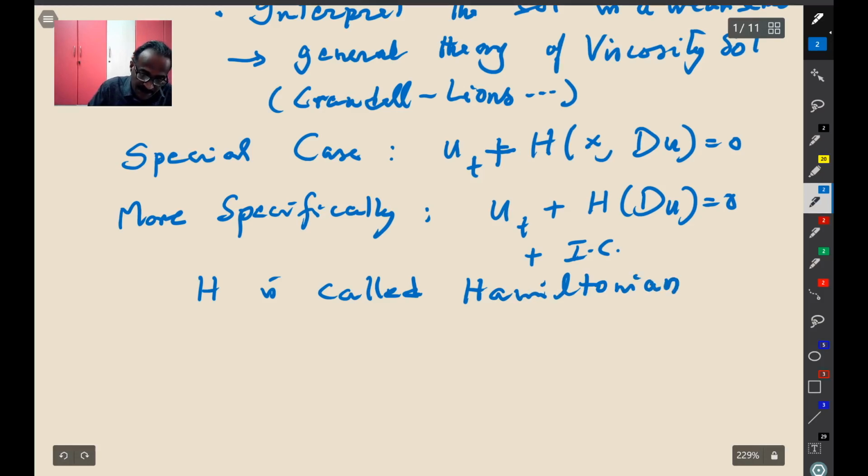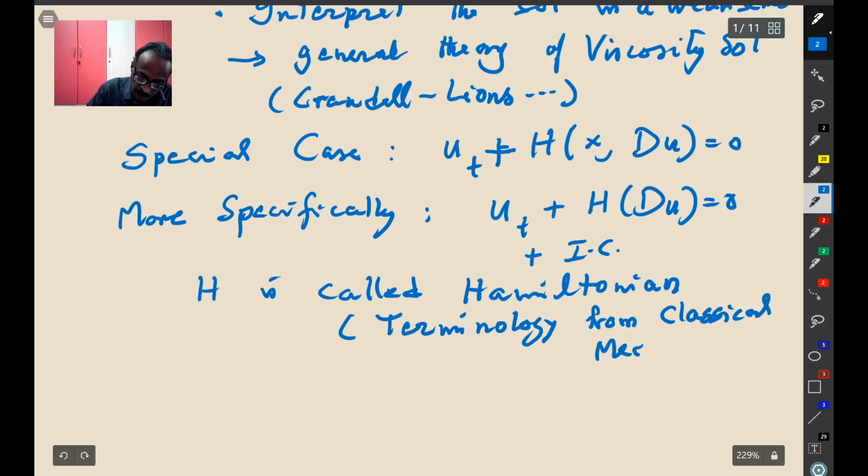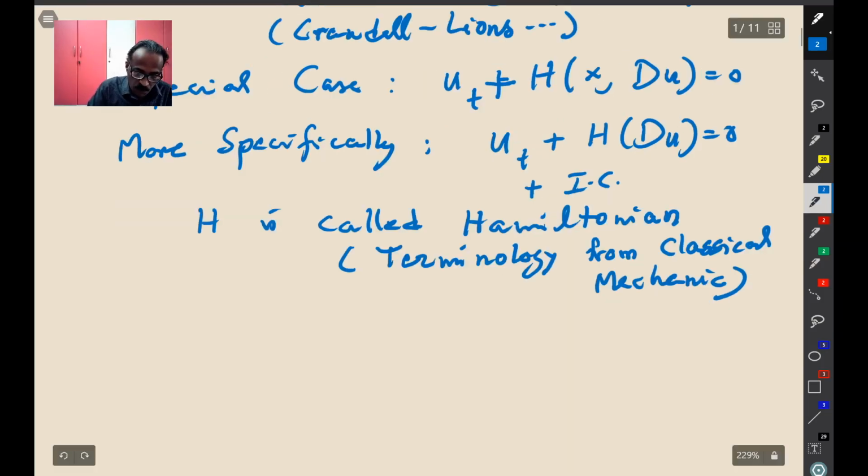This is terminology from Newtonian mechanics or classical mechanics. So that's what we are going to study.